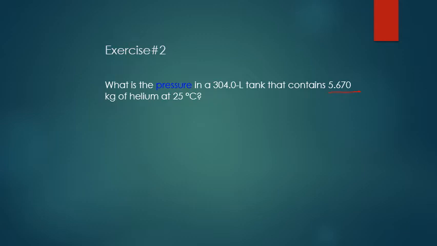I'm going to take the 5.67 kilograms times 1,000 grams per 1 kilogram. So I'd have 5,670 grams of helium, so that would be my little m. My capital M for the molar mass would be 4.00 grams per mole.